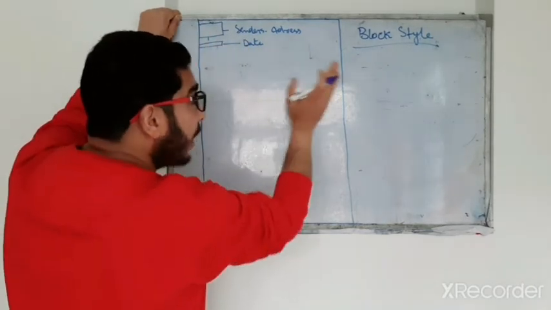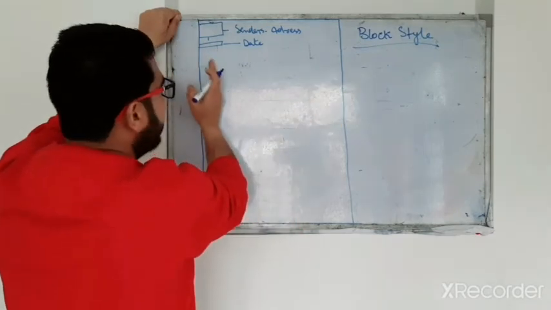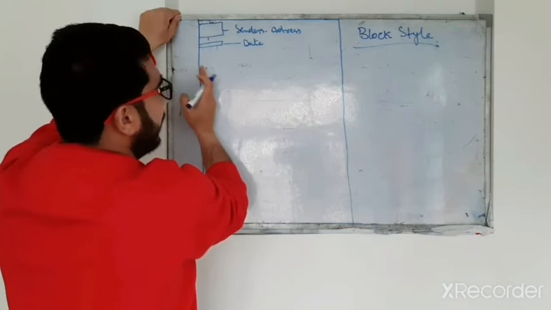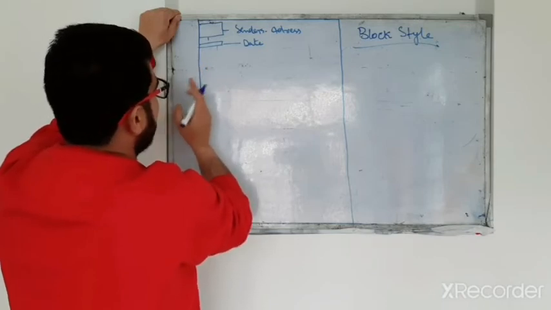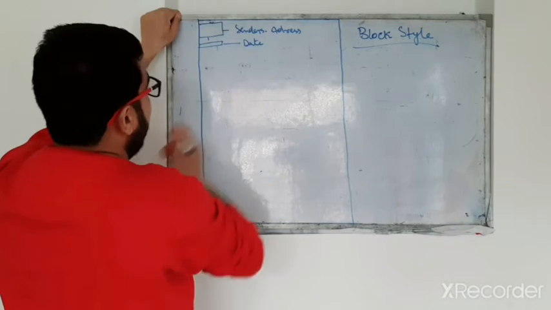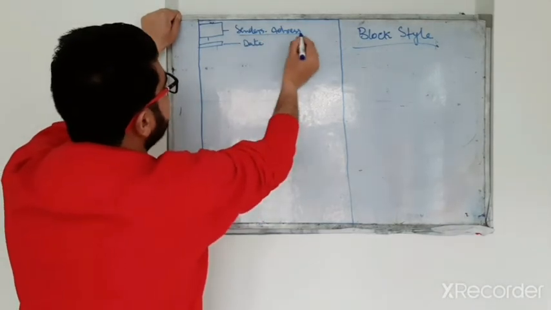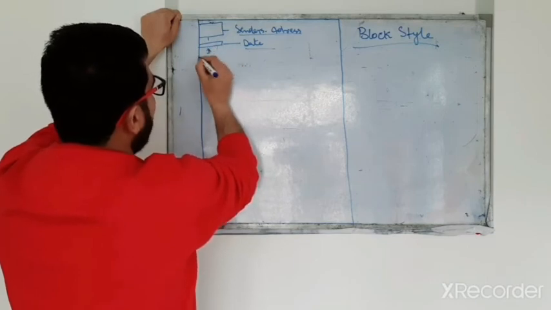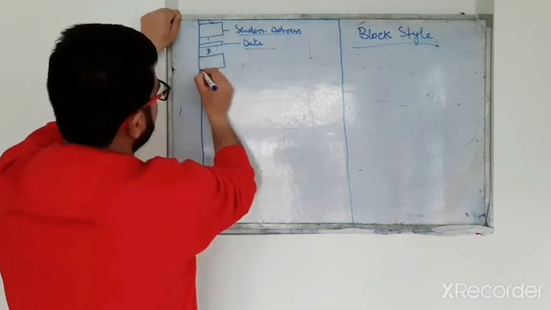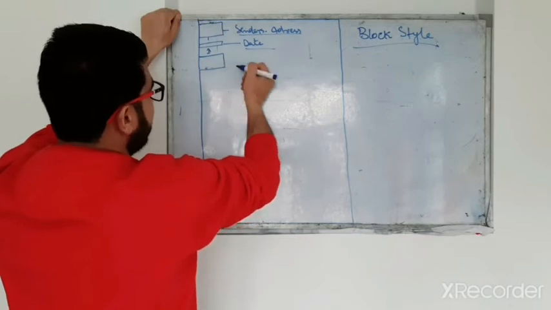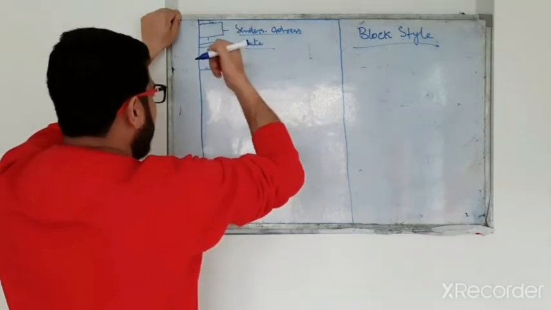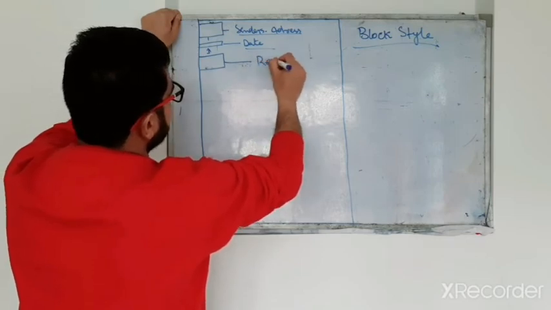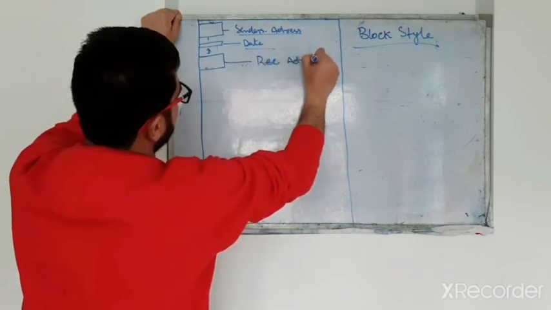See, in block style, every element is written on the left margin, starting from the left margin. Sender's address here, date here, and then space, and then we should write the recipient's designation, address, or name. We call it the recipient's address.